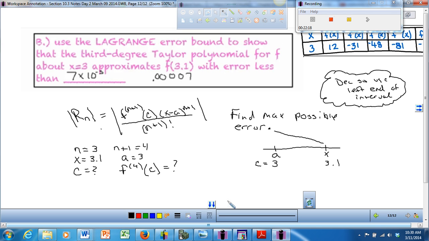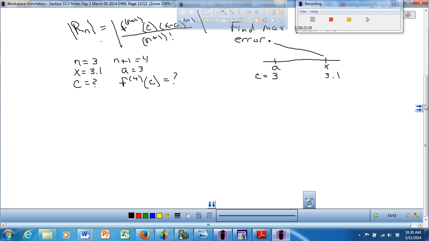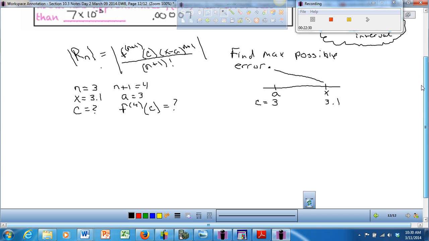So let's go ahead and start filling in our Lagrange error bound. We're finding the absolute value of our remainder, which is going to be less than or equal to, oops, please make sure that you change this to a less than or equal to up here. That shouldn't be equal. The absolute value of the fourth derivative at 3.